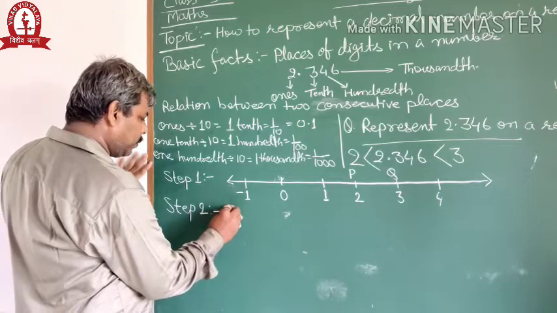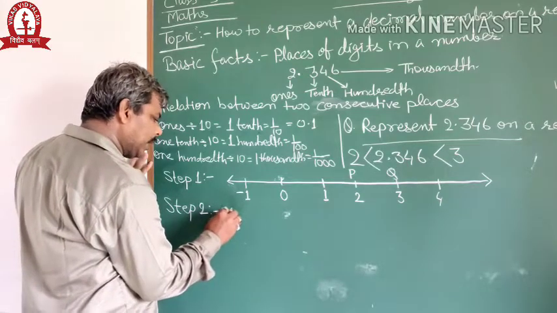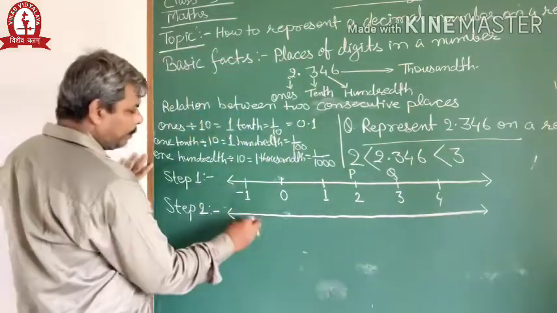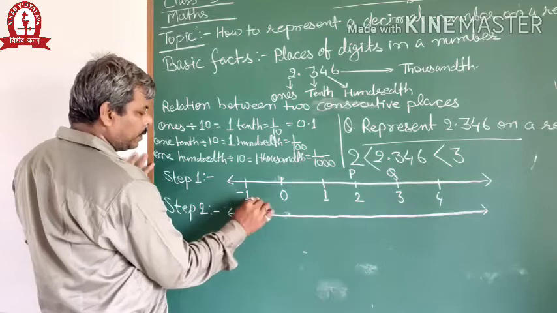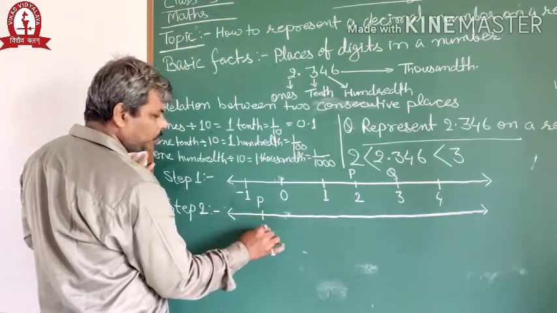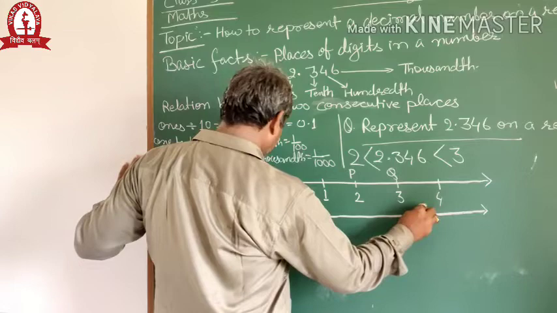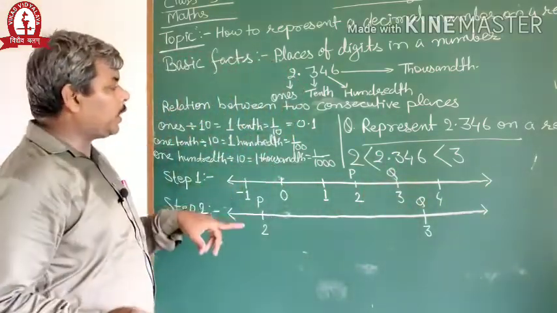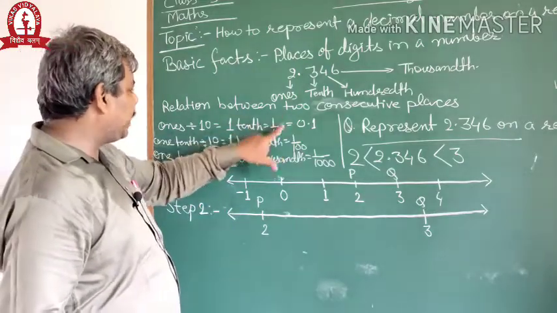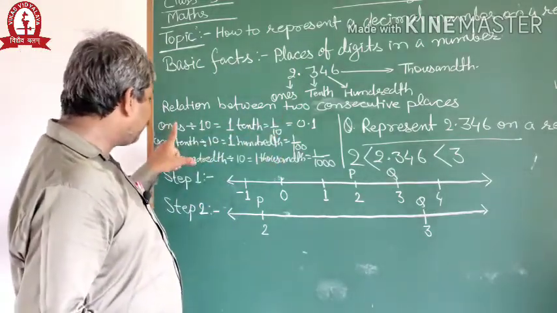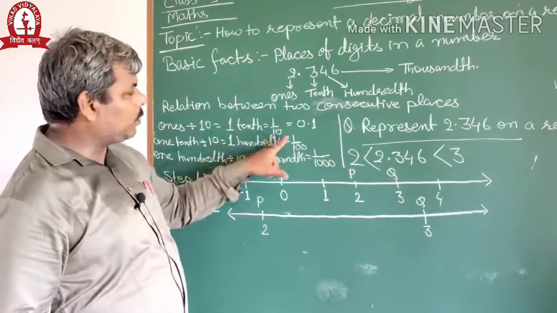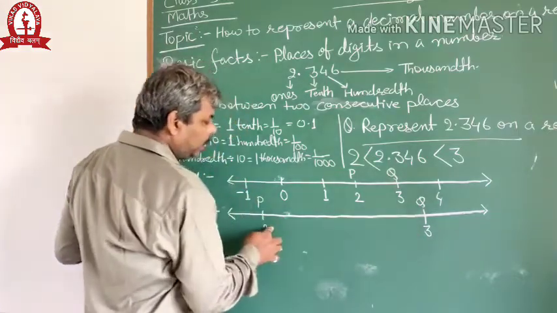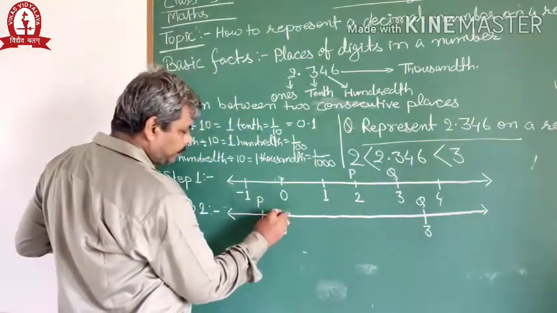So step second, we draw a real line and mark the point P, which represents 2, and the point Q, which represents 3. And we know that 10th is 1 by 10 of ones, or when ones is divided by 10, we get 1/10. So we divide this unit into 10 equal parts.